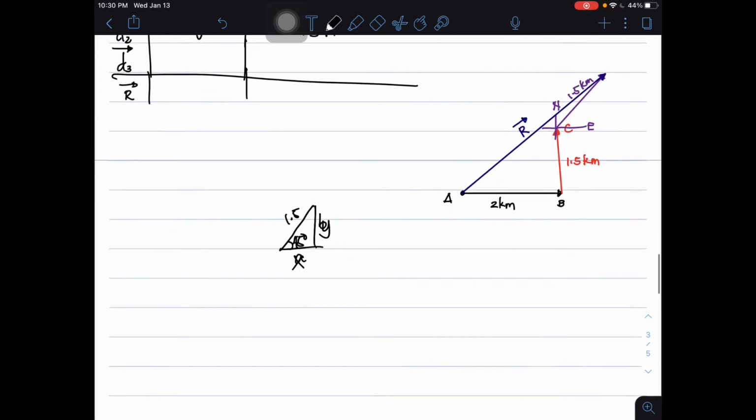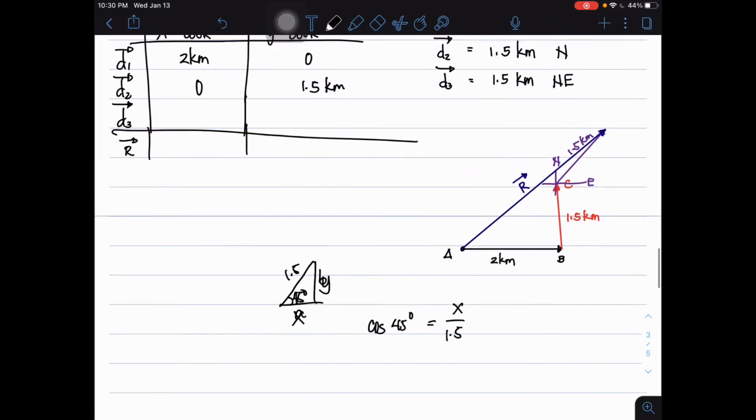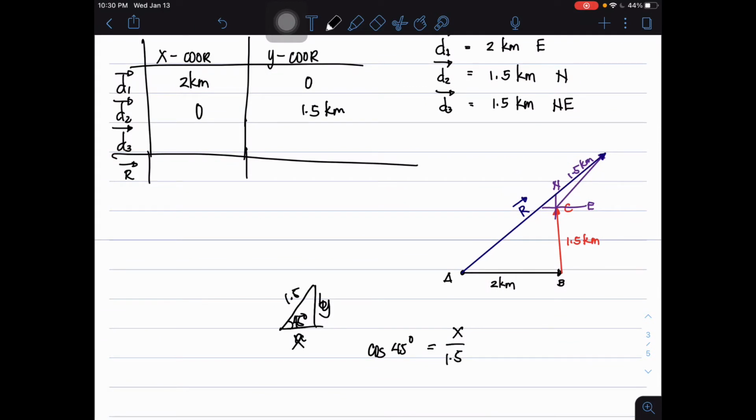To solve for x, cosine 45 is equivalent to x over 1.5. Therefore, x is equivalent to 1.5 cosine 45. And if that's cosine, therefore here we're going to be using sine. And you get the total.